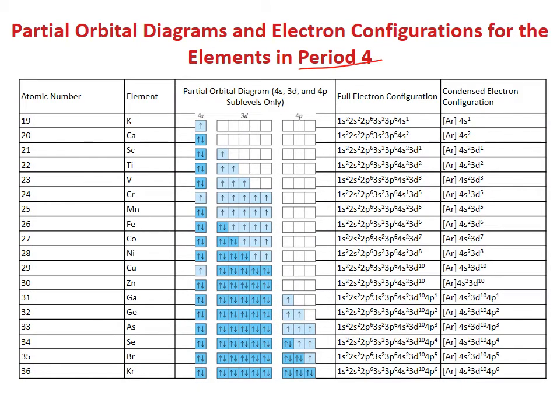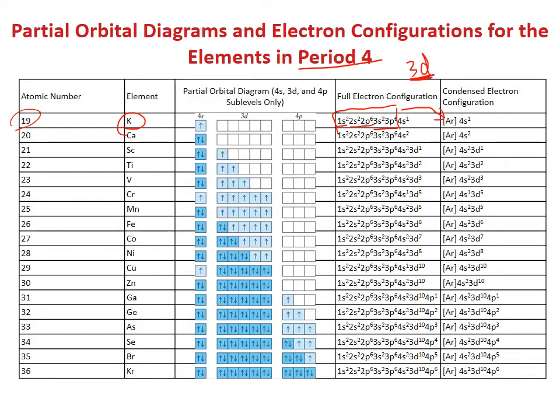Period 4 starts with potassium, another alkali metal which has 19 electrons. The electron configuration is 1s2, 2s2, 2p6, 3s2, 3p6. Now up to this point, this is the electron configuration of argon. Now we know that for the third energy level, there's also a d orbital, so 3d orbital.